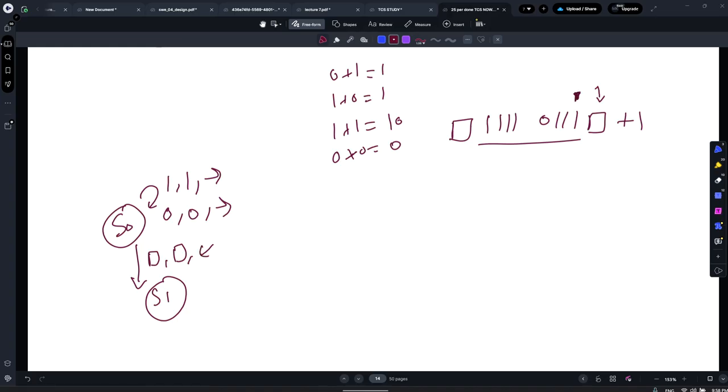And when we are in this position, in S1, its job is to make all ones 0 and keep going left. And the moment it is done with its job, it goes to a different state. The moment it finds a 0, it changes the state while also making that 0 a 1.